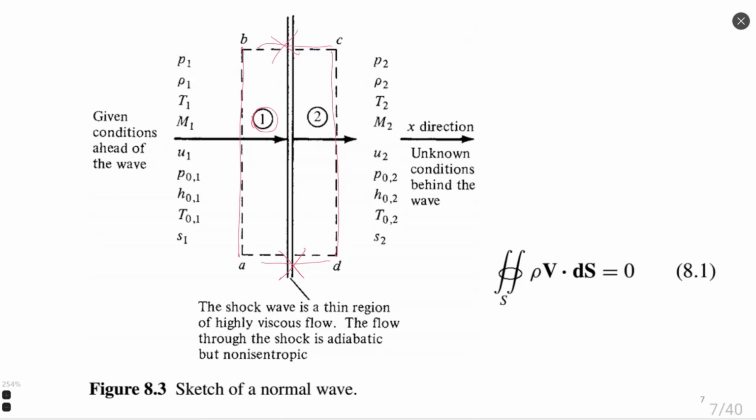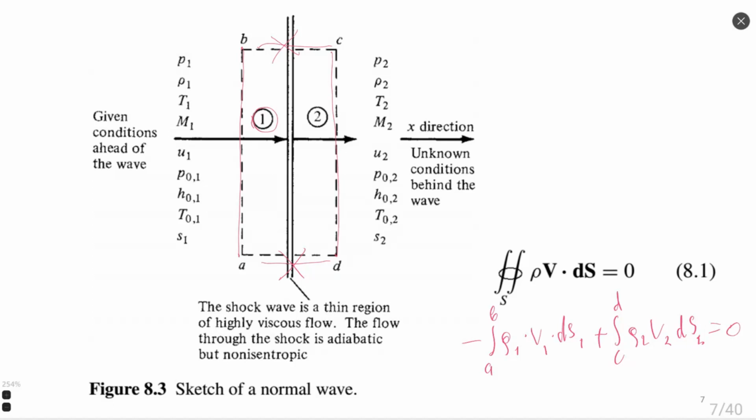So how can this integral be calculated? For example, the integral over edge AB. I will write here that this integral of equation 8.1 will be a sum of two integrals: minus the integral over AB of density 1, velocity 1, dS1, plus the integral over CD of density 2, velocity 2, and area 2, equal to 0.